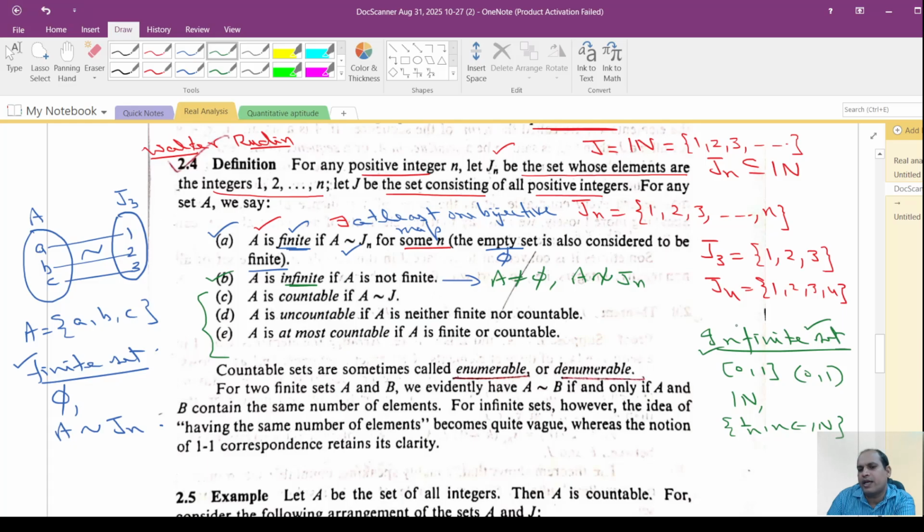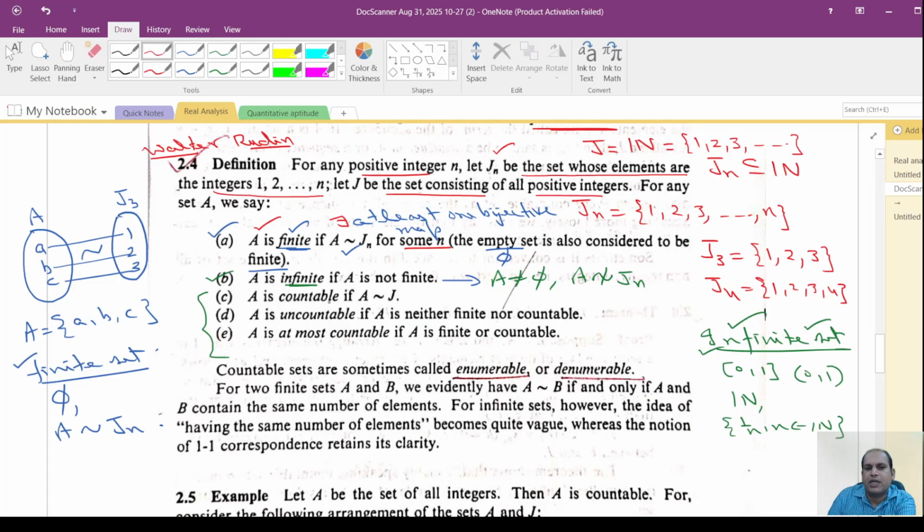Now, within infinite sets, a set may be countable or uncountable. To understand what we mean by countable set, uncountable set, and at most countable, it is very well given in this book.